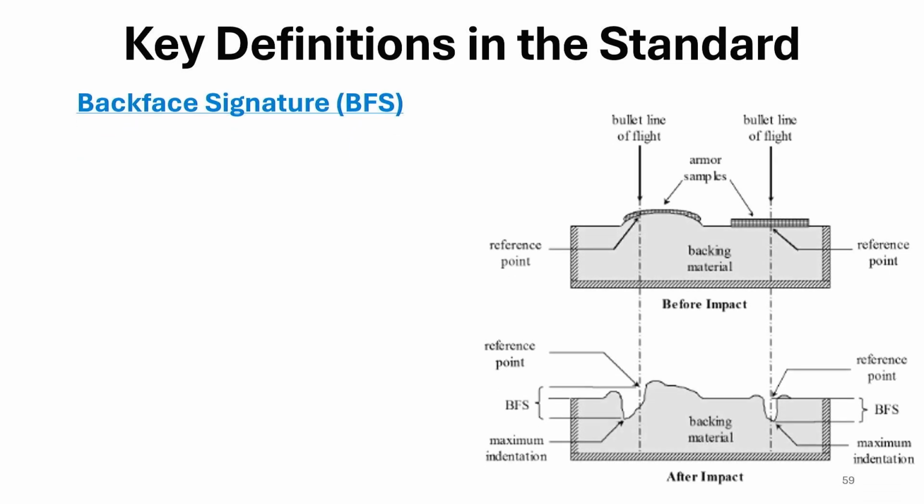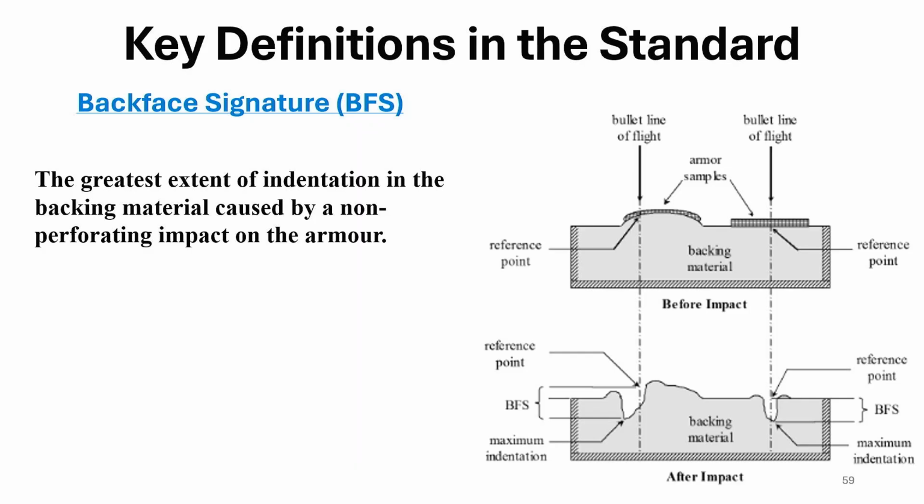Next parameter is the back face signature, which is very important, which actually simulates the trauma. It is the greatest extent of indentation in the backing material caused by a non-perforating impact on the armor.